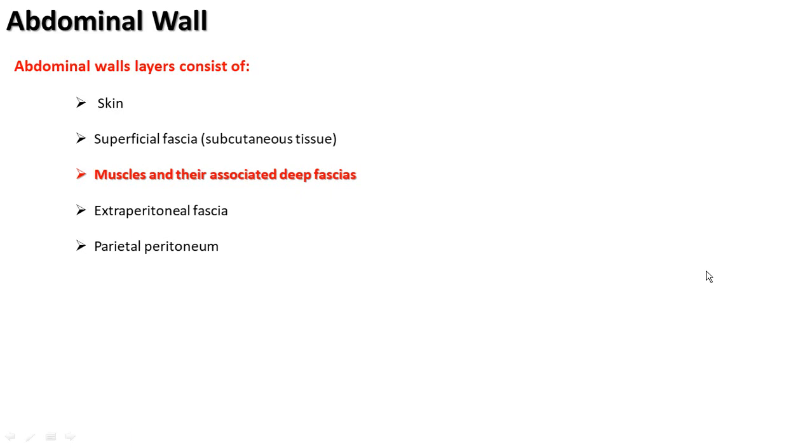As you know, we have a limitation for uploading the file, so that's enough for this session. In the next session we will talk about the muscles of the anterior abdominal wall and the abdominal cavity.